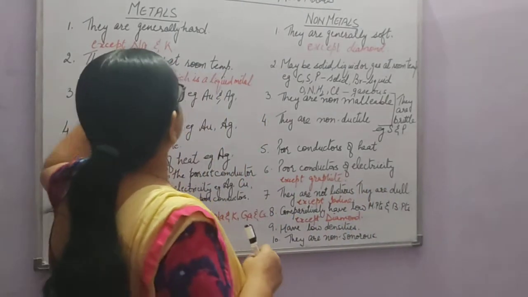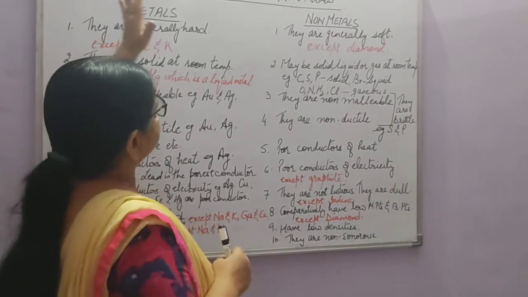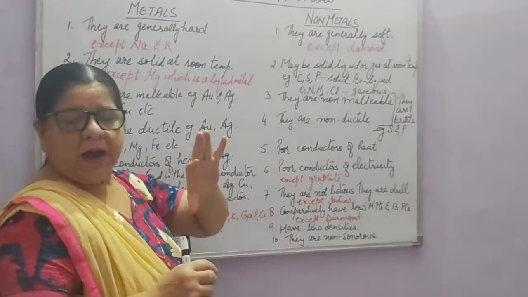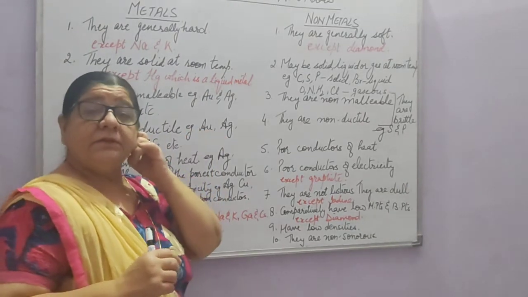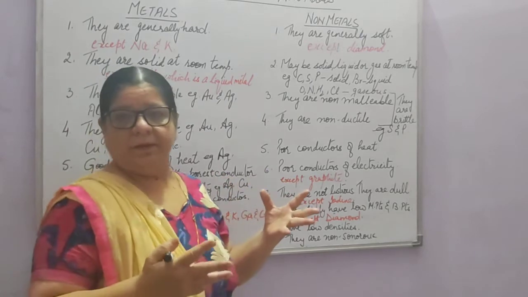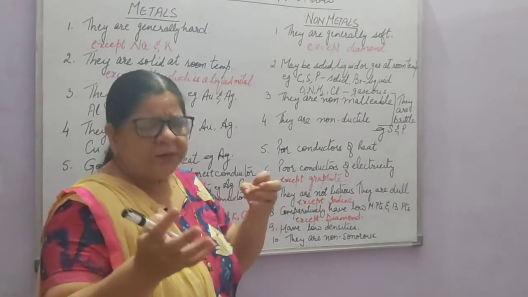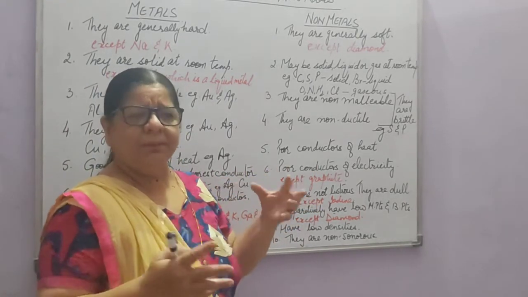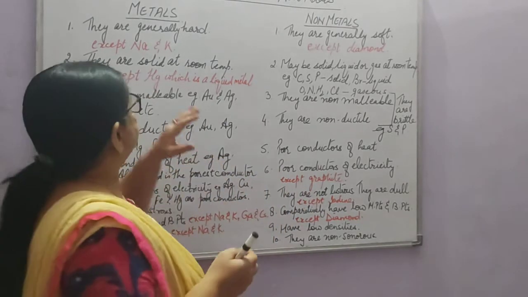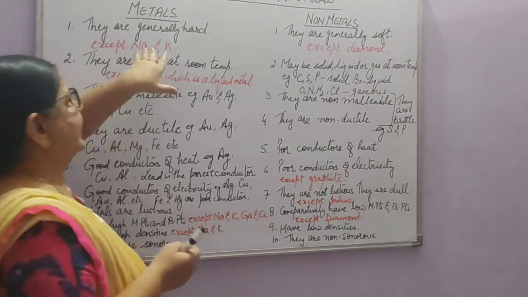Right? So first property, if we see of the metals, they are generally hard. If we see the metals like iron, it is so hard, right? Or the other metals like aluminium, magnesium, all these, they are hard, but there are two exceptions.